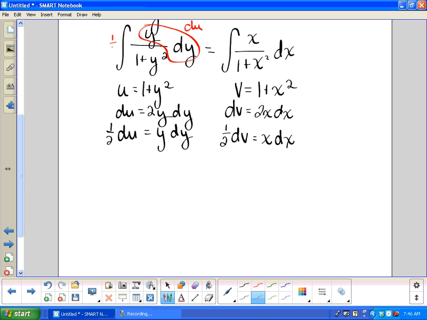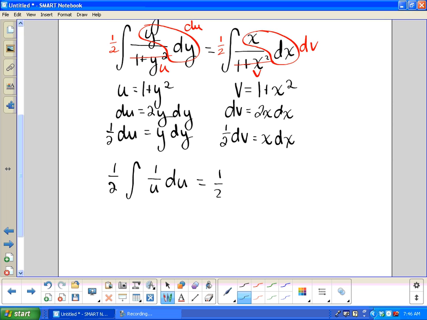And then on this side, the x and the dx are going to be replaced with 1/2 dv. And then this will become v, and that will become u. A little u sub refresher. So I end up with 1/2 the integral of 1 over u du is equal to 1/2 the integral of 1 over v dv.